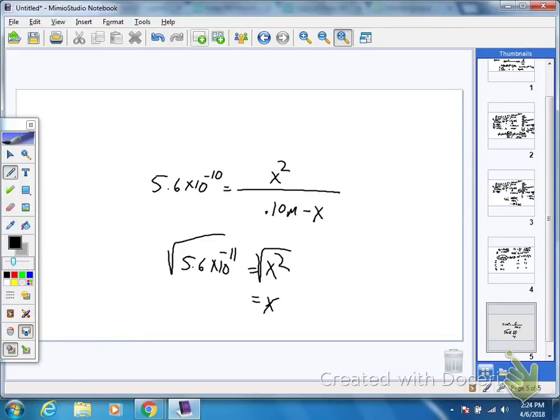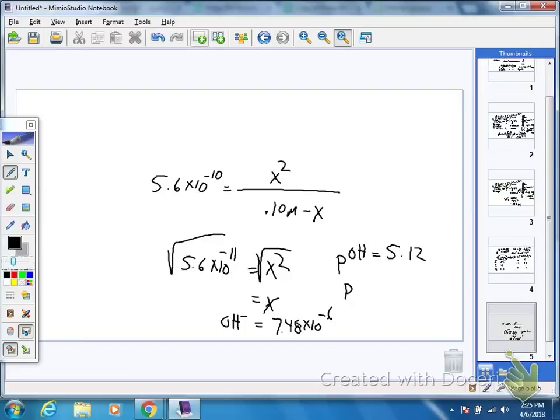Okay? When you do that, you get 7.48 times 10 to the minus 6. That's your OH concentration. If I take the minus log of that number, it gives me 5.12. So if I take the minus log of that number, I get the POH, and that's 5.12.